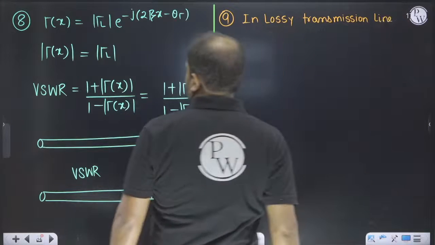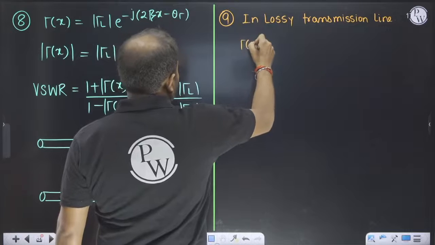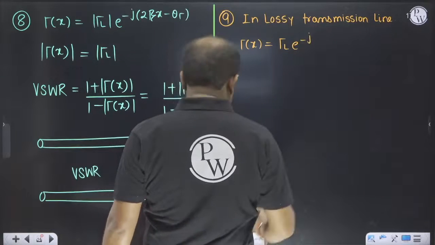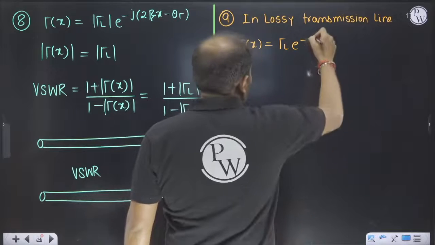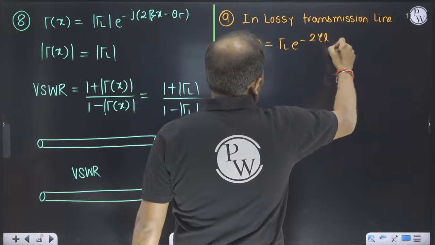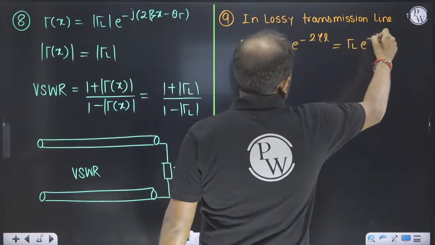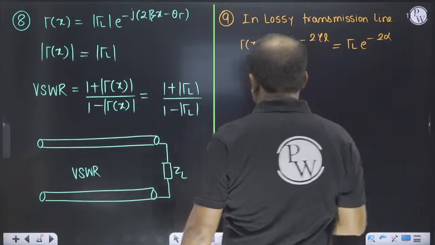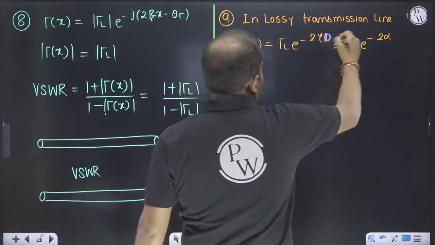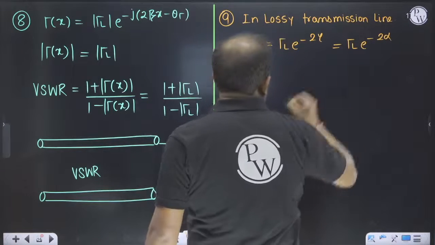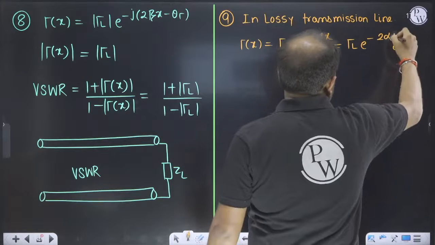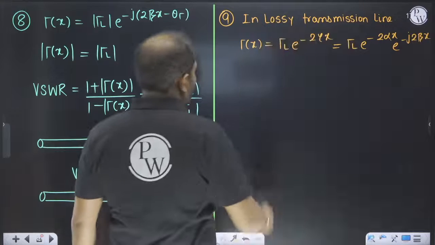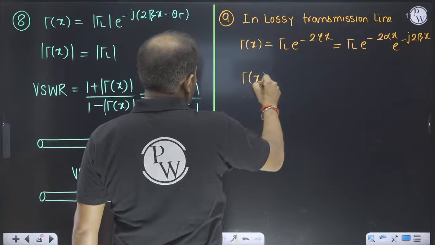In a lossy transmission line, gamma x will be equal to gamma L e to the power minus 2 gamma x, so gamma L e to the power minus 2 alpha x, and minus j 2 beta x. So what is the magnitude of gamma x?